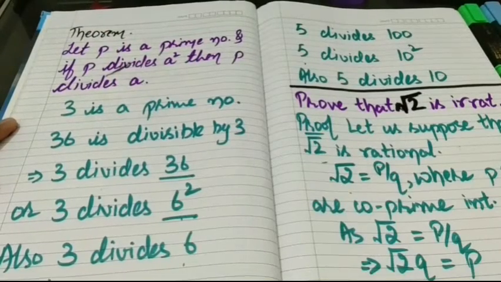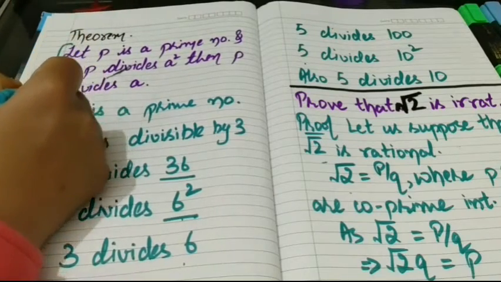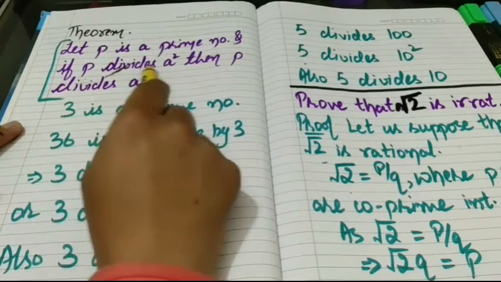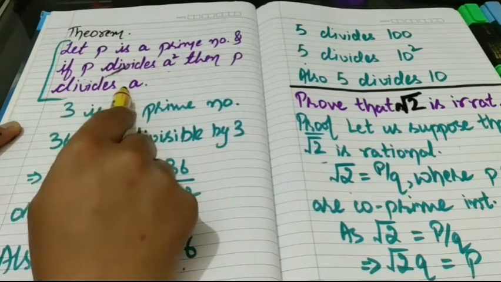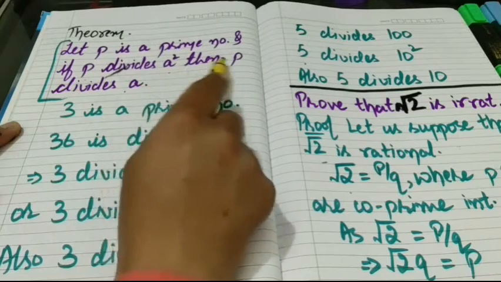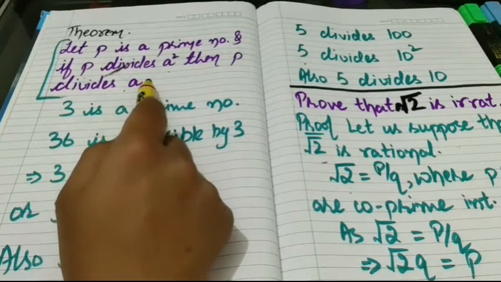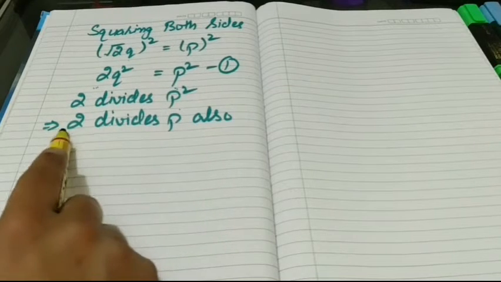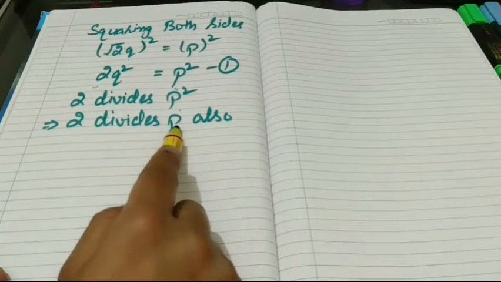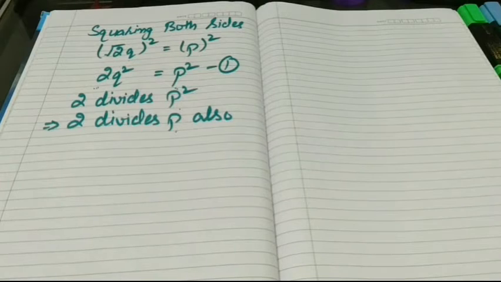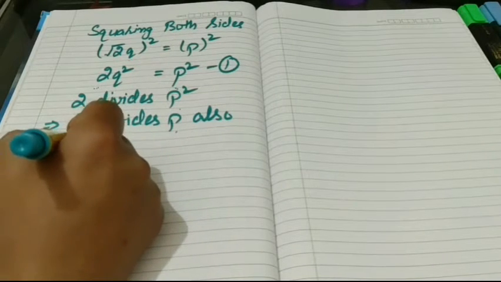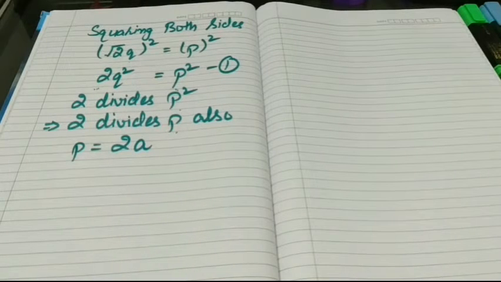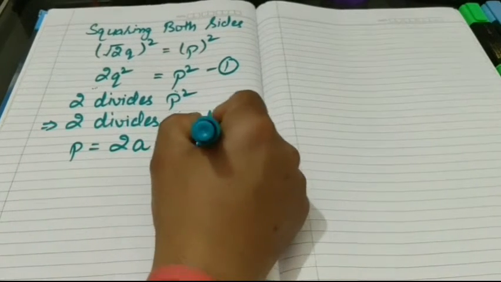This result is from the theorem that we just did: if p is a prime number and if p divides a square, then p divides a as well. Following this, if 2 divides p square, then 2 divides p also. Now if 2 divides p, then we can write p as 2 into something, and let that be a. Let this be number 2.